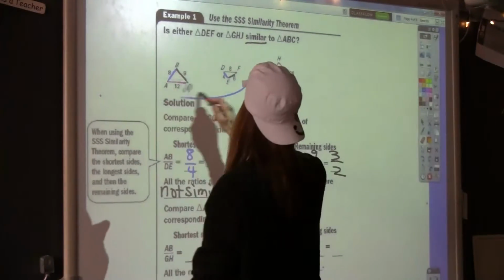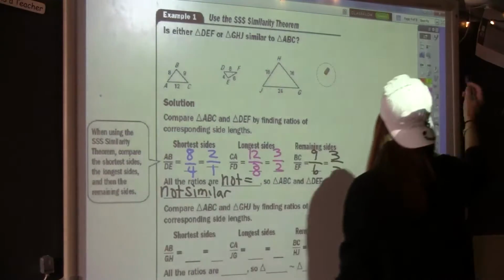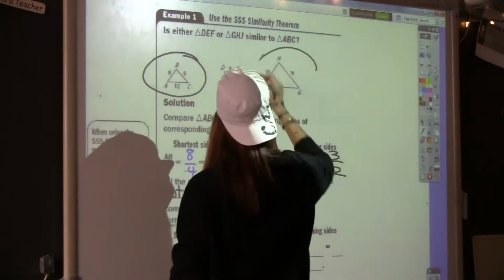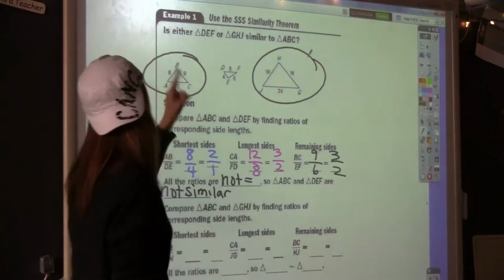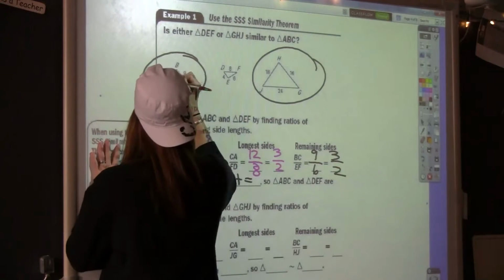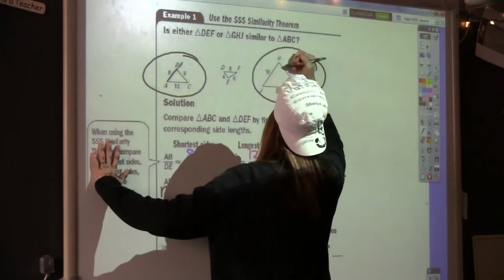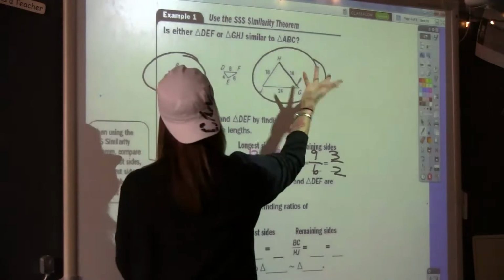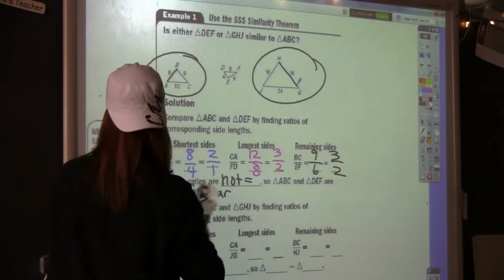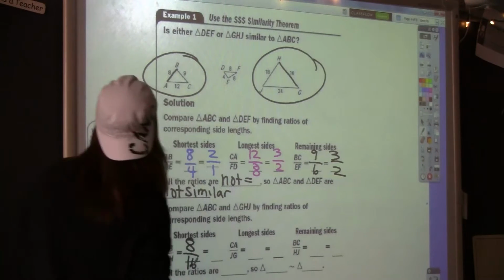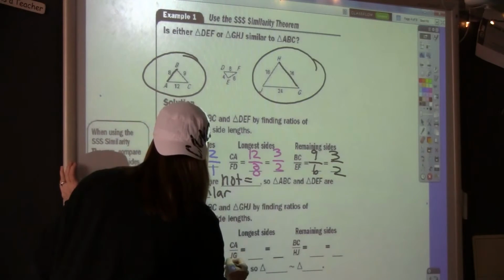Well, what about triangle GHJ? Let's see if that one is similar to ABC. All right, so shortest sides, 8 and 16. This triangle has been flipped. So 8 to 16, and that's 1 to 2 when you simplify.